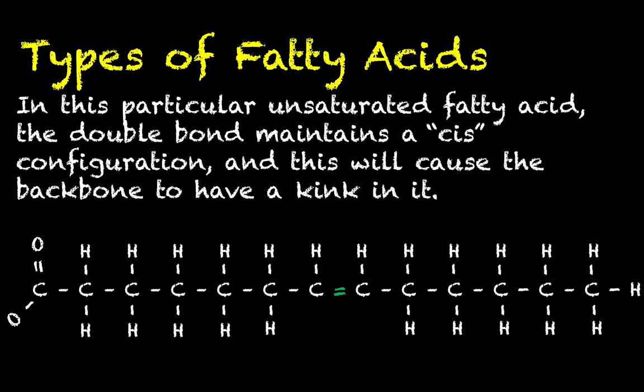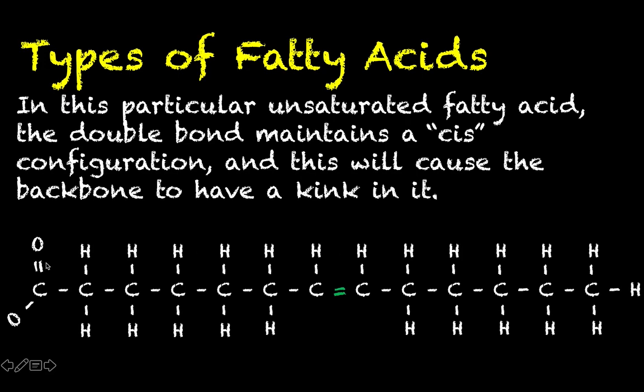In this particular unsaturated fatty acid that's pictured here, the double bond is in what we call a cis configuration, meaning that the two hydrogens that are on the carbons on either side of the double bond are on the same side of the double bond. Cis is a prefix that refers to on the same side versus trans, which means on opposite sides. So this is a double bond in the cis configuration.